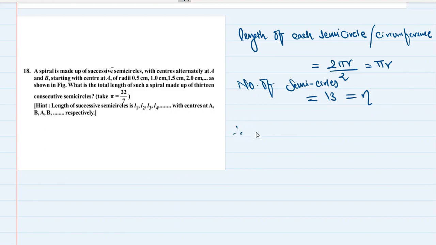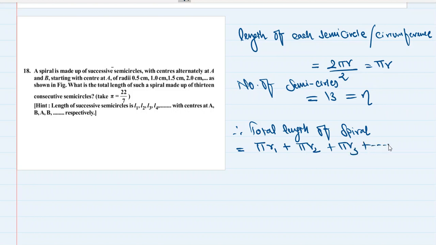Therefore, total length of spiral is equal to pi r1 plus pi r2 plus pi r3 up to pi r13. Okay, this is nothing but pi bracket r1 plus r2 plus r3 up to r13. Now what is r1, r2, r3, r13?